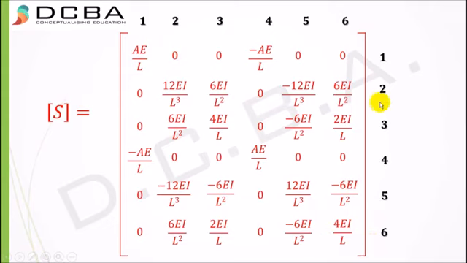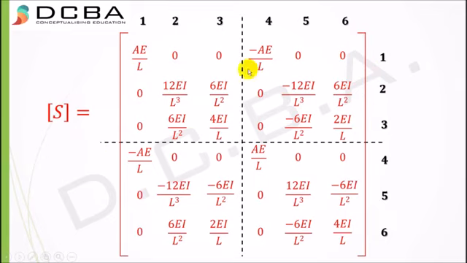One very important thing to notice in the stiffness matrix is that you can divide this into four quadrants, that is 1, 2, 3, 4. In all these four quadrants, all the elements are similar except the last one.